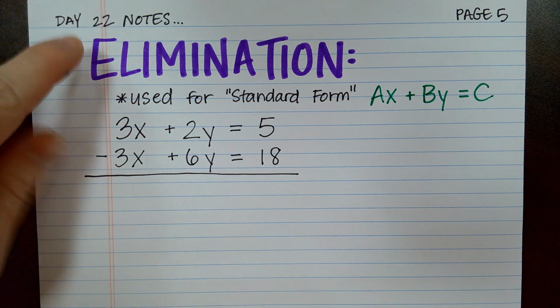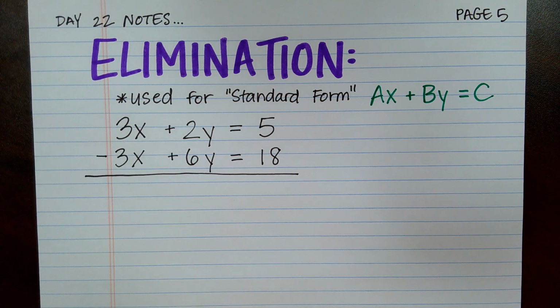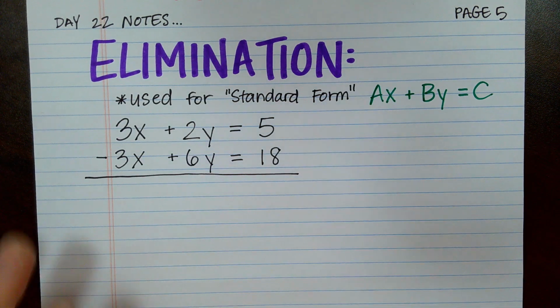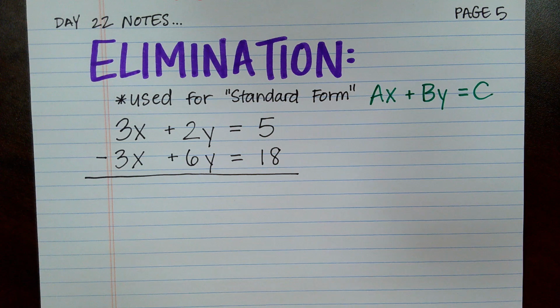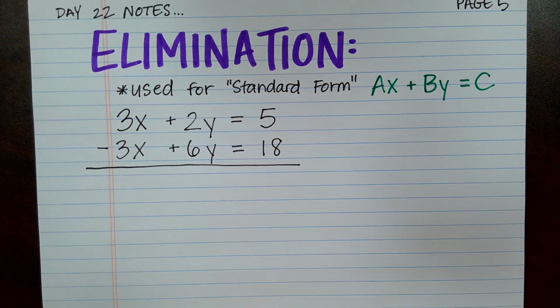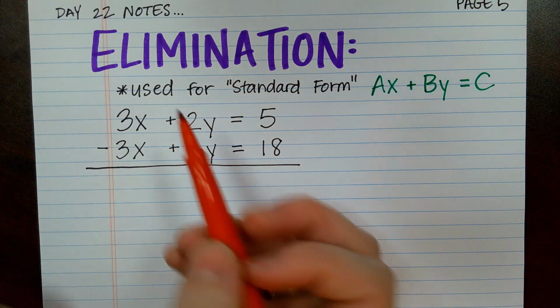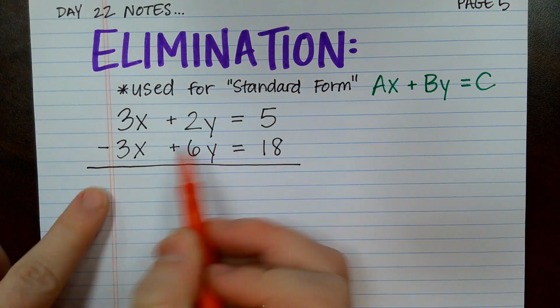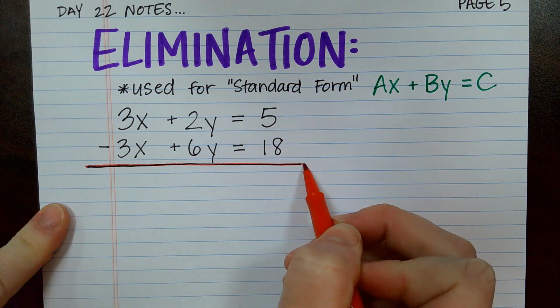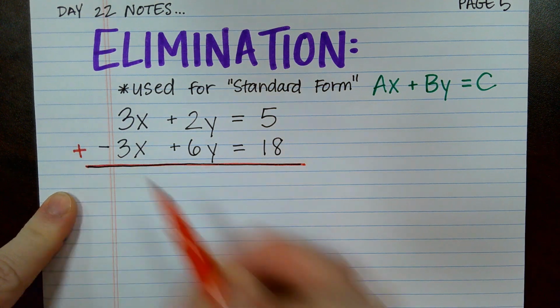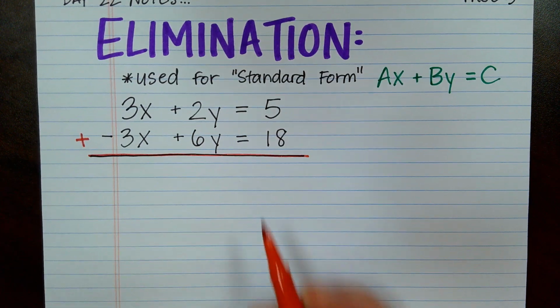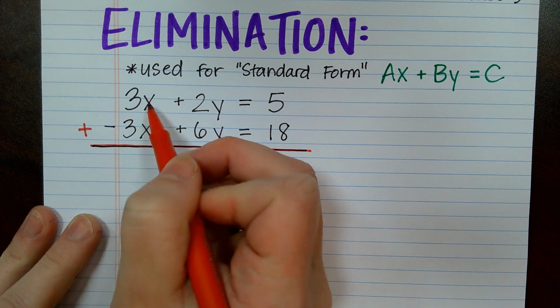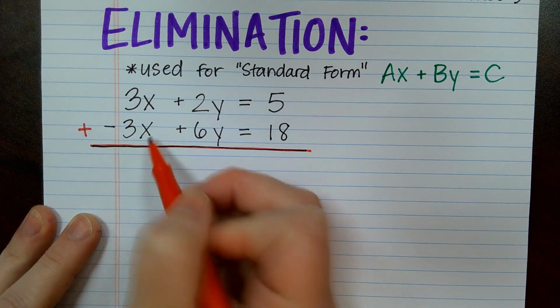So in elimination, we're doing exactly what the name says. We're going to eliminate one of the variables so that we can solve for another. 3 and negative 3. I've already got my equations stacked up nicely, and all we're going to do is add them together. What's 3x plus negative 3x?